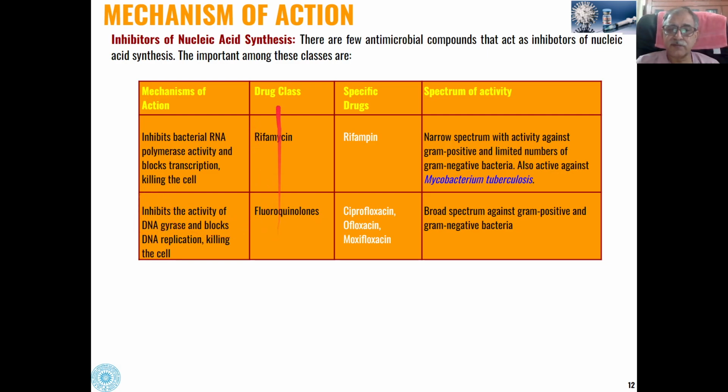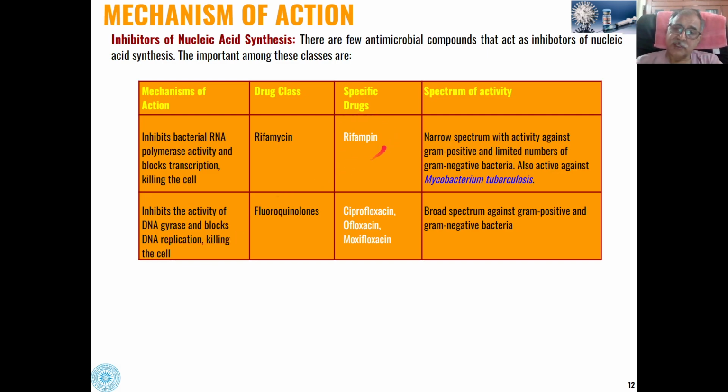So this is the difference between these two classes of compounds. Rifamycins inhibit or block transcription, thereby killing the cell, whereas fluoroquinolones inhibit the DNA replication process and thereby kill the cell.